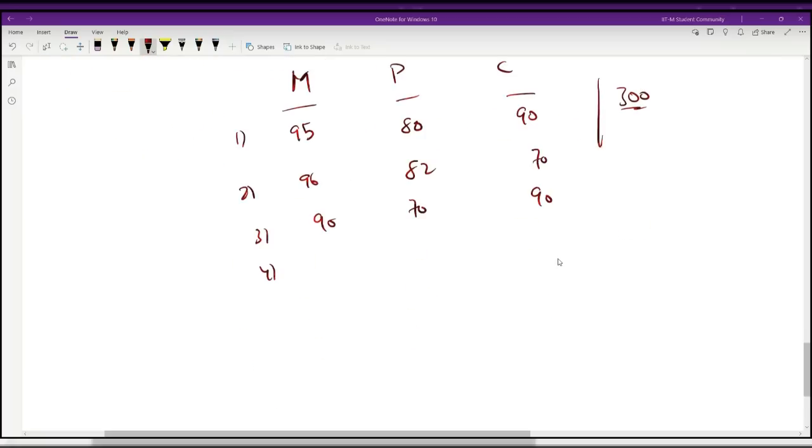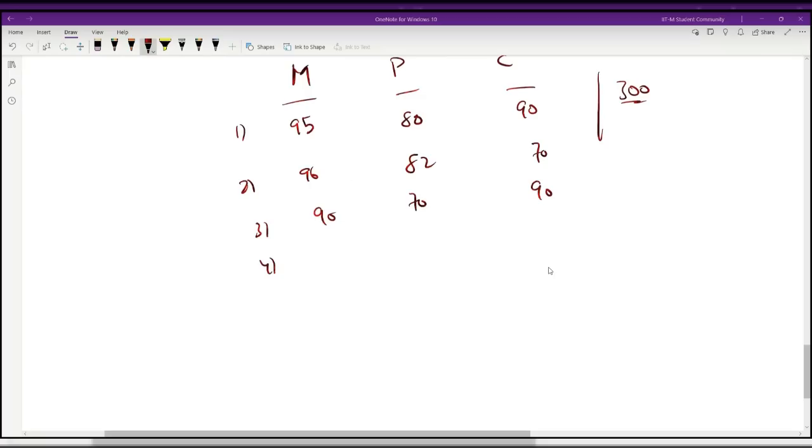Student 4: 80, 85, 94. Student 5: 76, 84, 95.